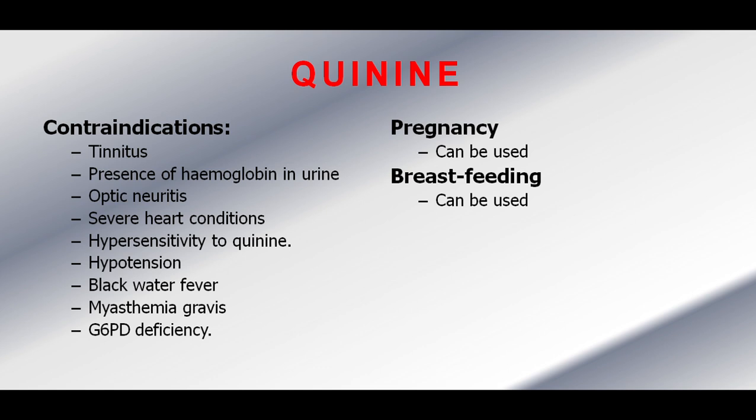Hypersensitivity to quinine, hypotension, black water fever, myasthenia gravis, and glucose 6-phosphate dehydrogenase deficiency. You don't give quinine in those conditions. How about pregnancy? Yes, it's safe to use quinine during pregnancy. Breastfeeding? Yes, it's safe to use quinine during breastfeeding.